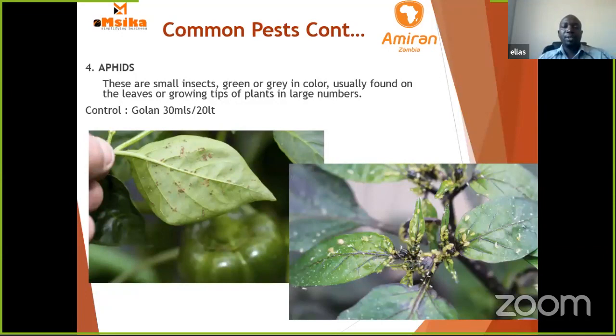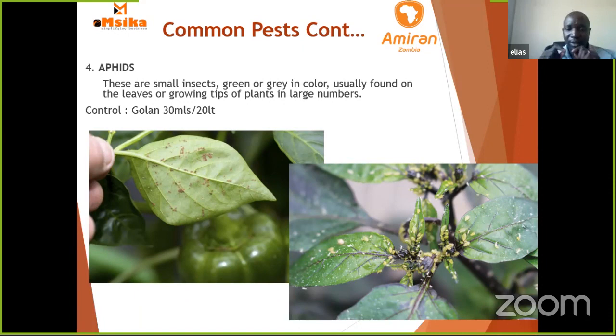And again, the other pest that we look at is the aphids. These are small tiny insects, green and gray sometimes in color. Usually they are found on the leaves and or growing tips of the plants, and they are found in larger numbers. Mostly they are underneath, but sometimes they are also on top of the leaf.